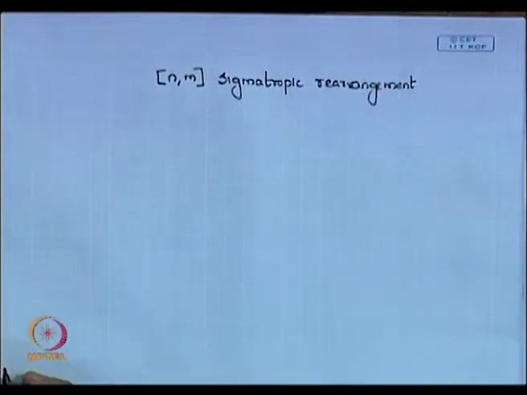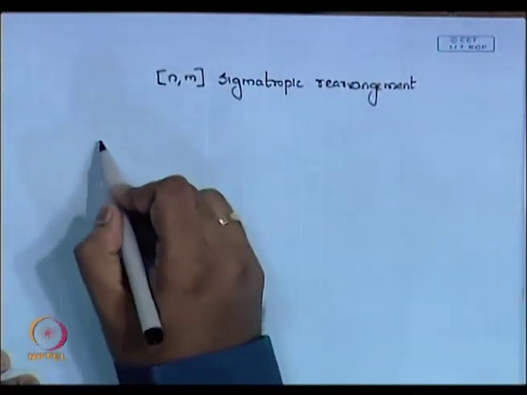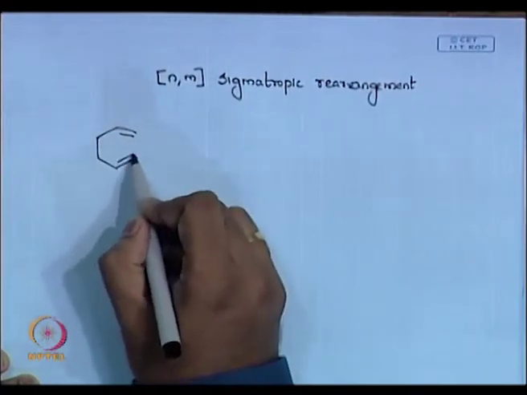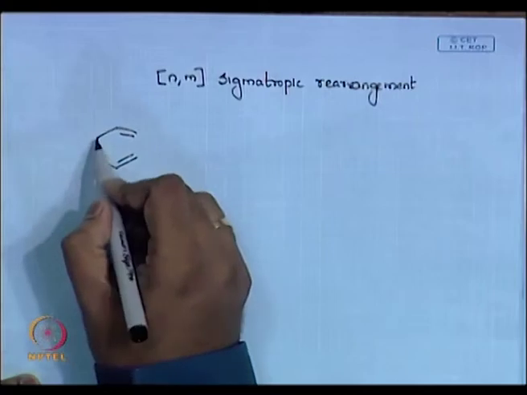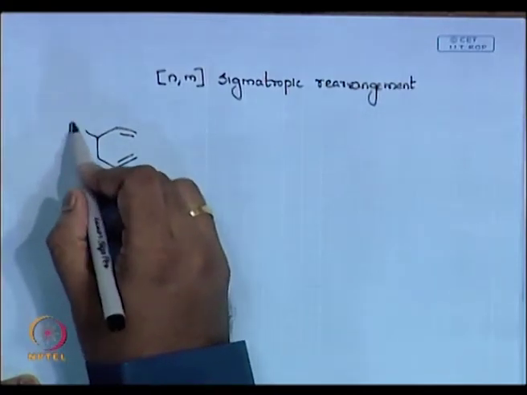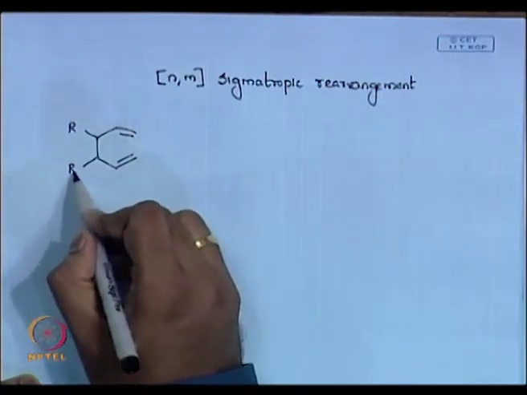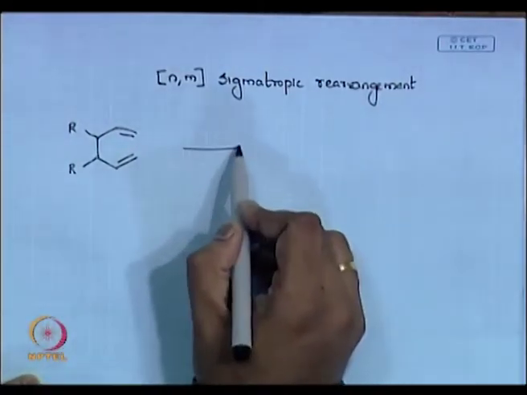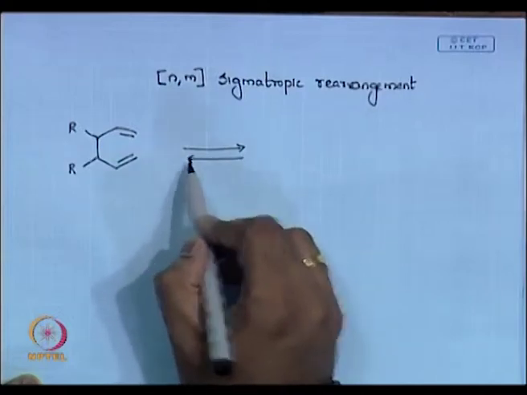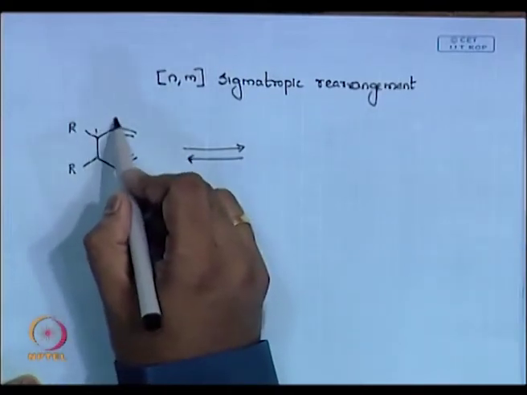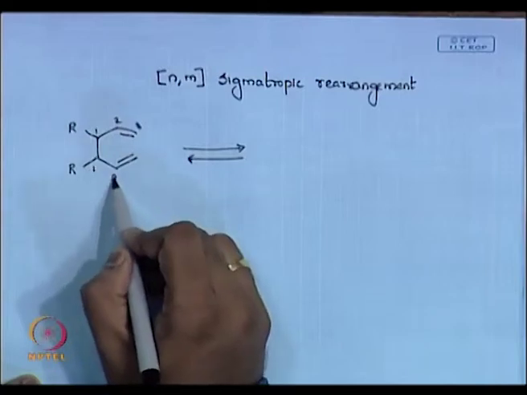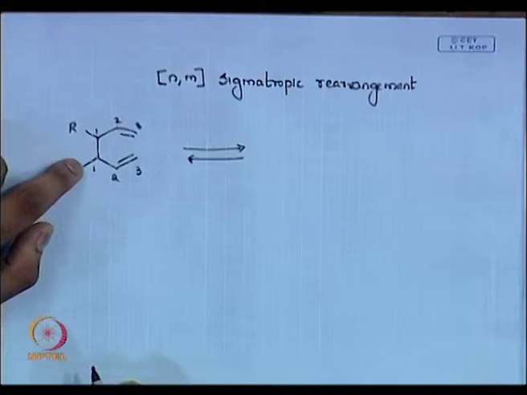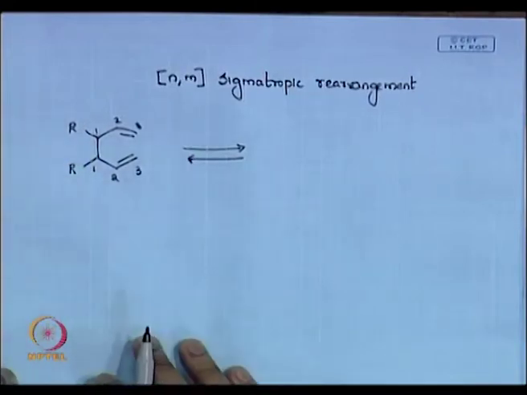Fine. So, what is n comma m? It is a system like this. I am numbering here 1, 2, 3, 1, 2, 3. The sigma bond initially is at 1, 1. Okay. So, it is the 1, 1 position sigma bond.